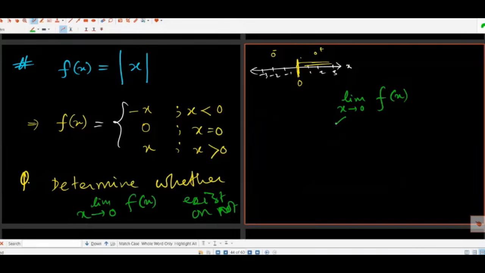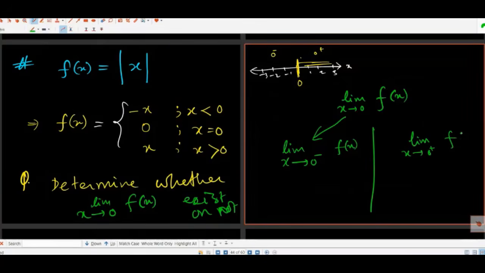So every time we can break it into two parts, that is the left hand limit for 0 minus and the right hand limit for 0 plus. So let's denote, for our simplicity, that it is the left hand limit and it is the right hand limit.